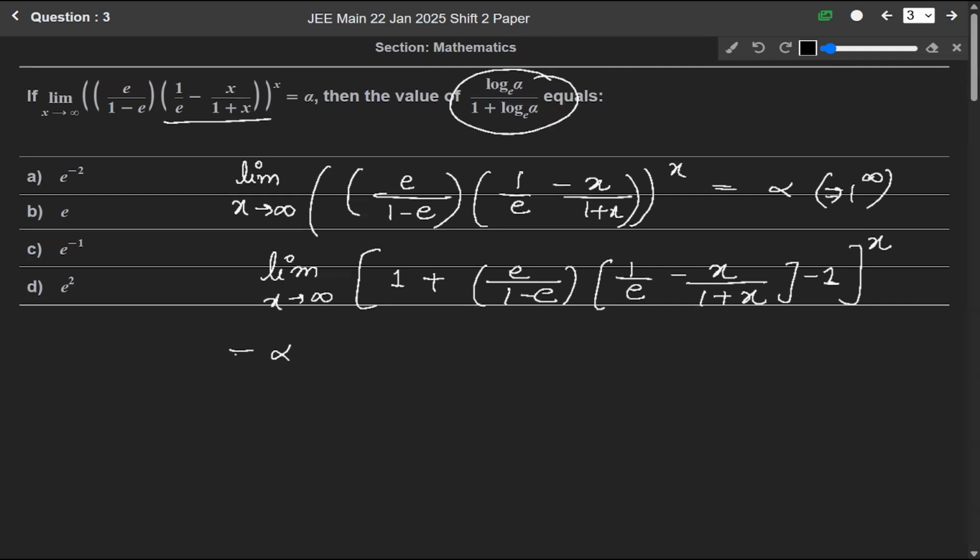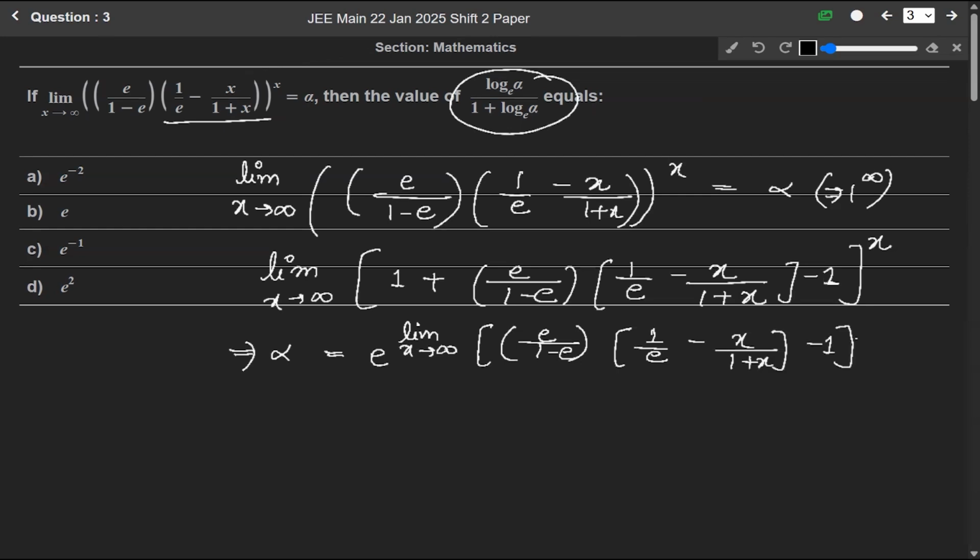So this implies that alpha equals e to the power limit x tends to infinity of e over (1 − e), (1/e − x/(1+x) − 1) into x.